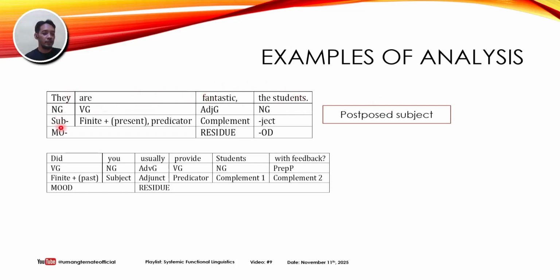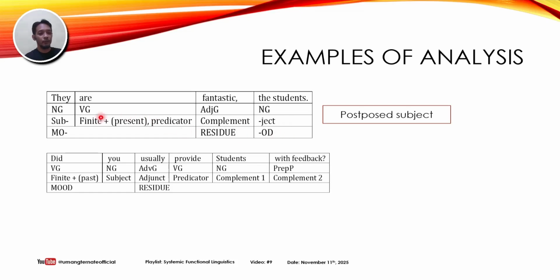So in this example, the residue is between the mood blocks. Okay. So they are here, the subject and finite are part of the mood block, and the students here, because it is the subject, is also part of the mood block.